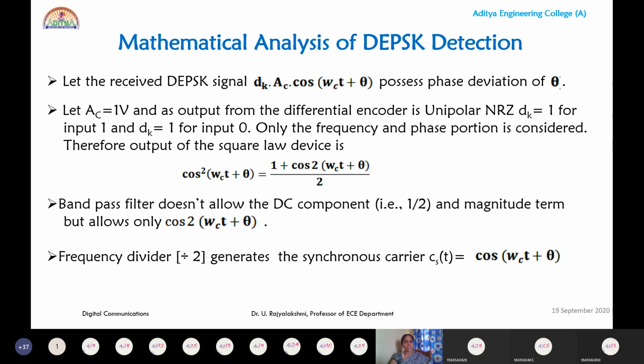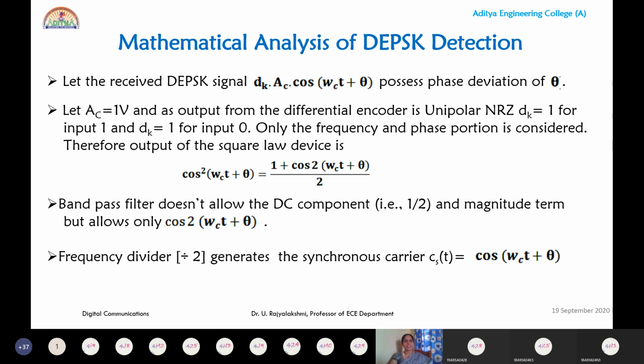The incoming signal is dk into Ac cos(omega ct plus theta). Theta is the phase variation that occurs due to the noise present in the channel. That is our assumption.